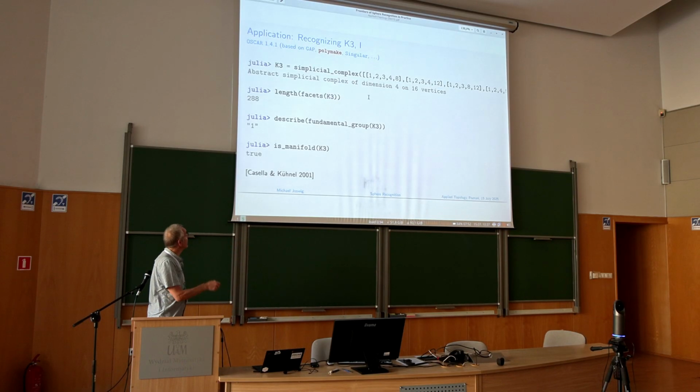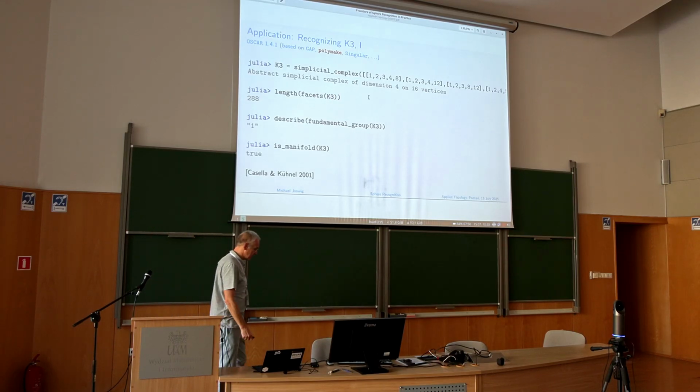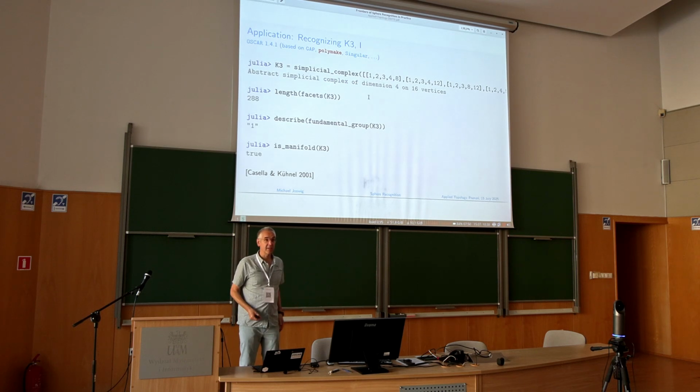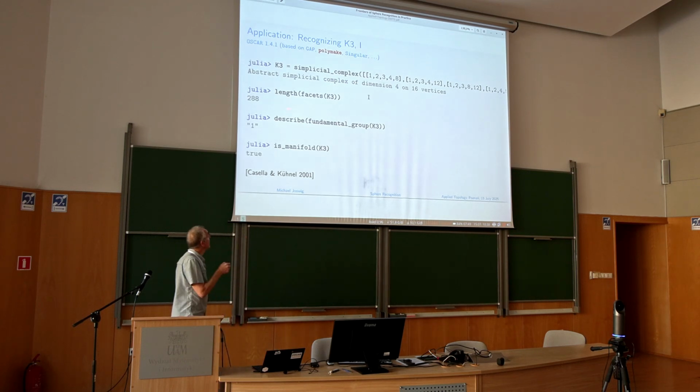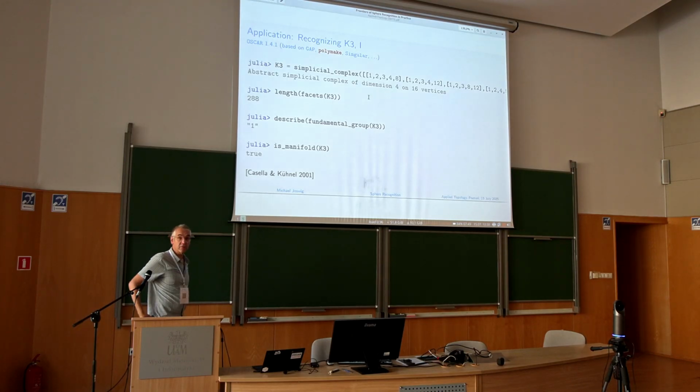Well, one of the things that you can do in OSCAR thanks to GAP is you plug in the simplicial complex, you say, give me the fundamental group, and it will produce this finite presentation of this group. And then GAP can try to simplify the description.